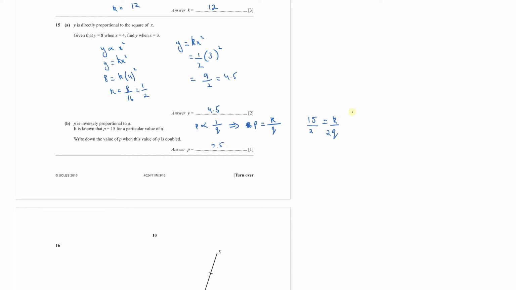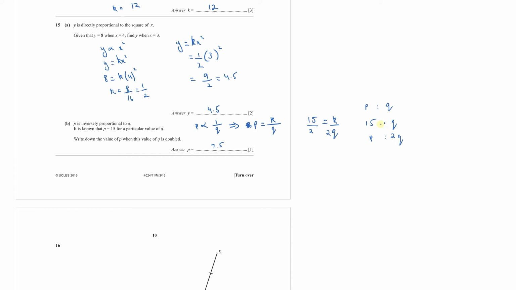I think you can also solve this using the ratio method, where P is inversely proportional to Q. So P ratio Q, and you have 15 for some Q, and you have to find the value of P for 2Q.